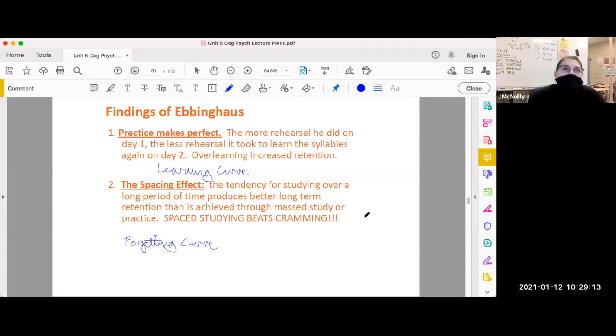Although AP psychology, they sometimes make it a semester course, but I wouldn't do it if it were a semester course. It would cut out all the fun stuff of psychology and make it more stringent. Okay, so better than cramming or a mass study by using the spacing effect, that supports the idea that distributed practice is more effective. Okay, Ebbinghaus also discovered the concept of the learning curve and the forgetting curve.